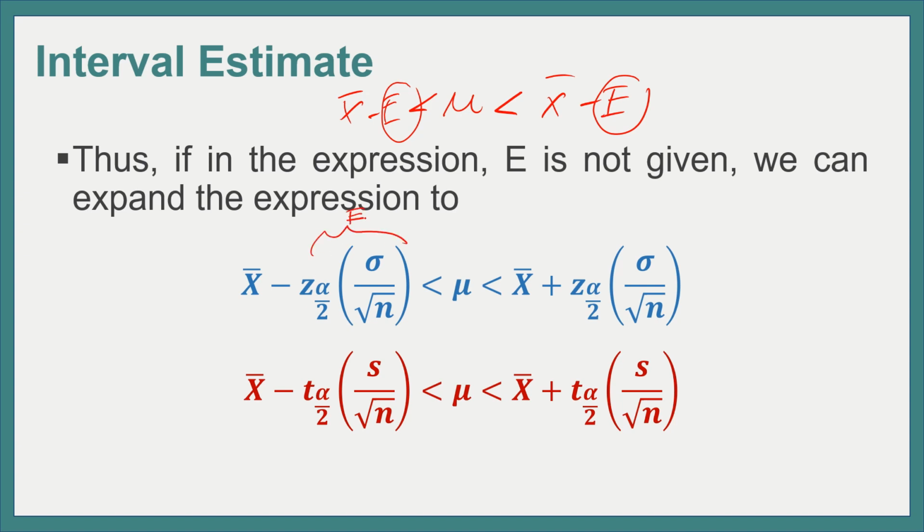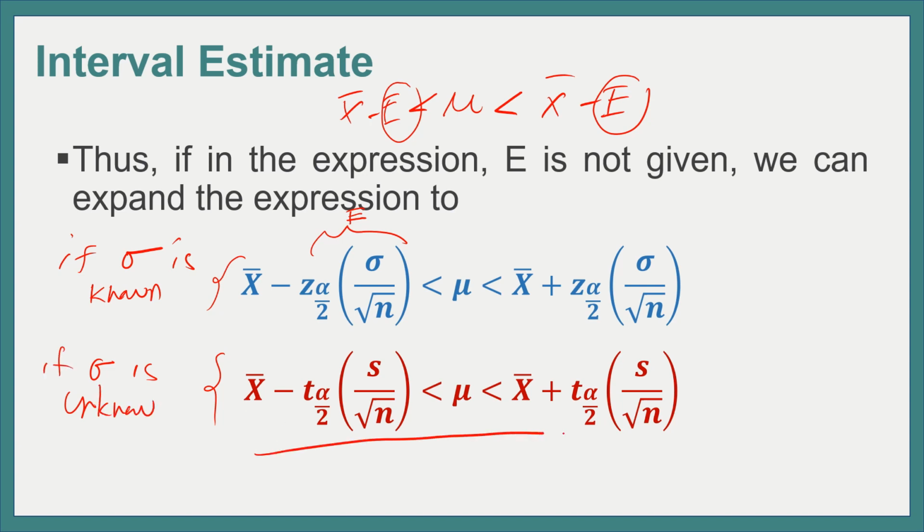This is our margin of error for known population standard deviation. Or if the population standard deviation is unknown, we use this expression. So this is the equation to solve for the margin of error.